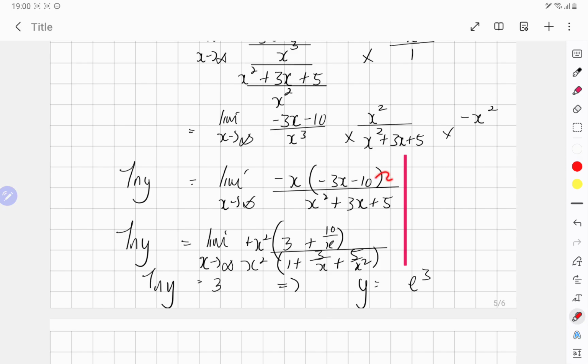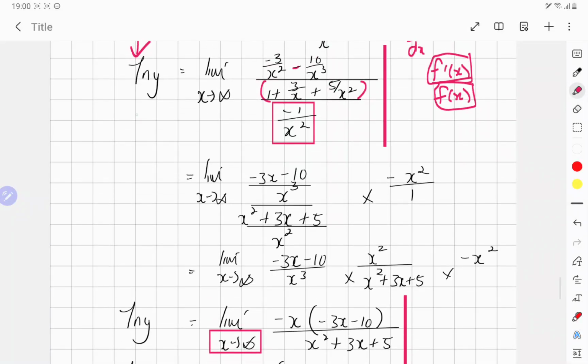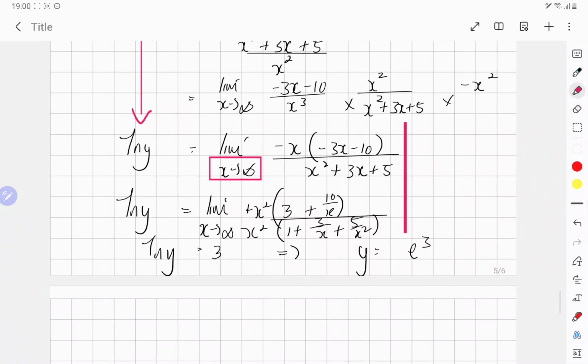Now we're going to do the limit to infinity. Now remember what I said earlier, common mistake. Students forget to take the ln y down. Do not forget that. Now also a common mistake from students. Since it's limit to infinity, they forget that they must take out the factor with the highest exponent.